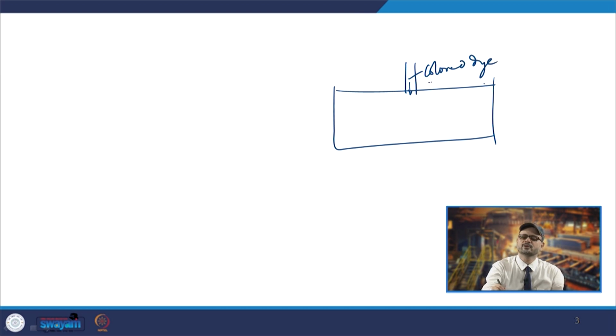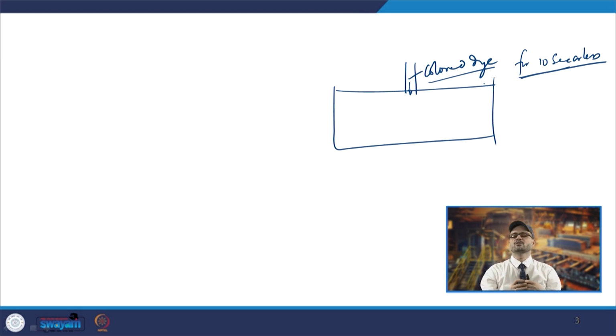We are putting it for say 10 seconds, or even less, because it should not alter the flow field inside the Tundish. So, we are putting it in at the same velocity. It will go through, and then it is stopped, and otherwise the flow continues. After that the flow continues.